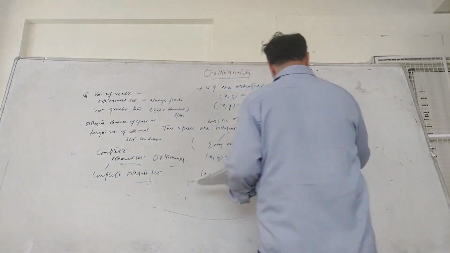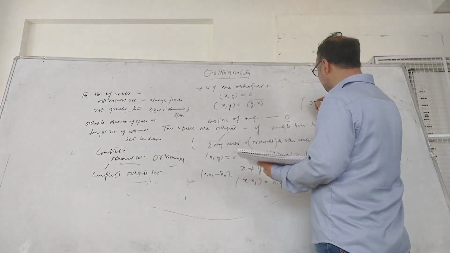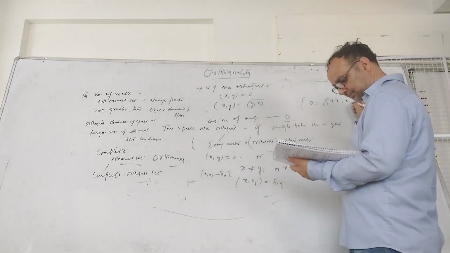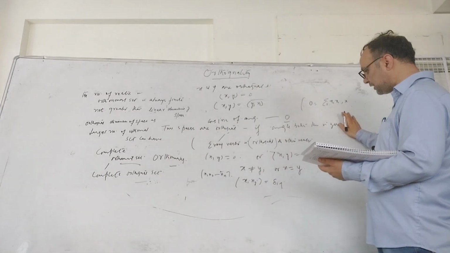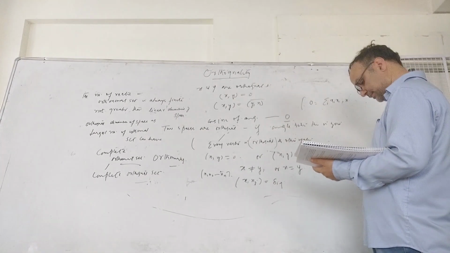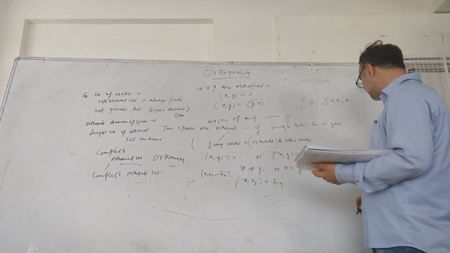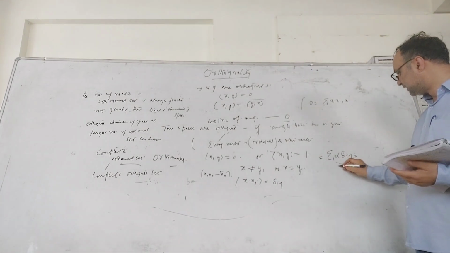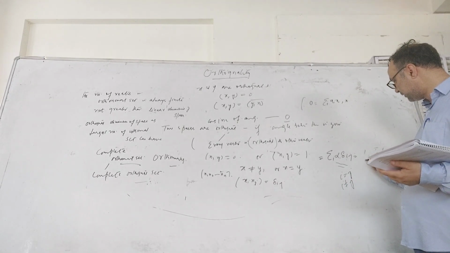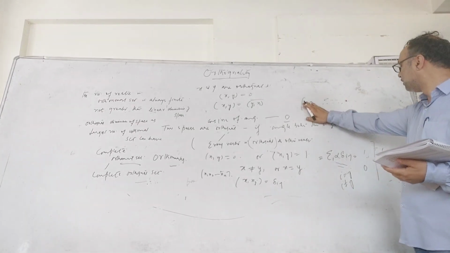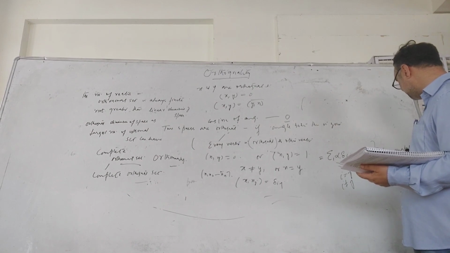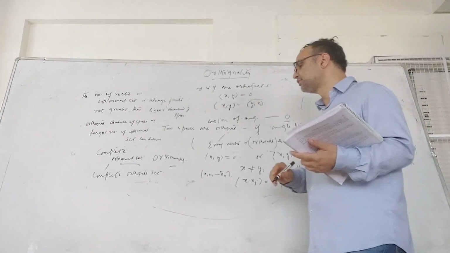Maybe I forgot one: you can also write the inner product of xi and xj in terms of the Kronecker delta, delta ij. It is 1 if i is equal to j, or 0 if i is not equal to j, for the orthonormality condition. You can write it symbolically like that.